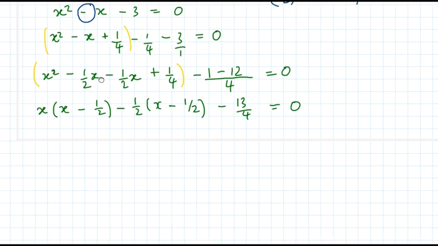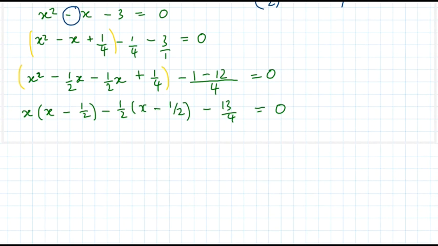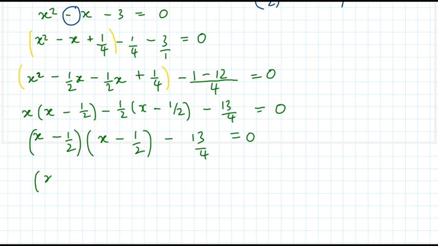so now we further express our term in brackets so that it becomes easier to express it as a perfect square. So now we have our perfect square, which is x minus half squared, because the terms inside the brackets are the same, and we can also move this constant to the right side of the equation. We have 13 over 4.